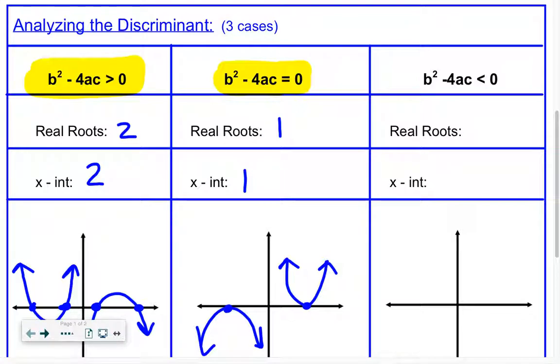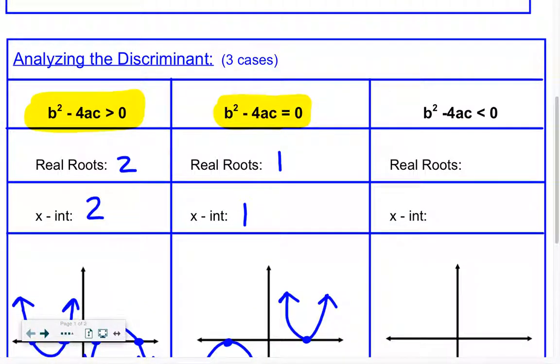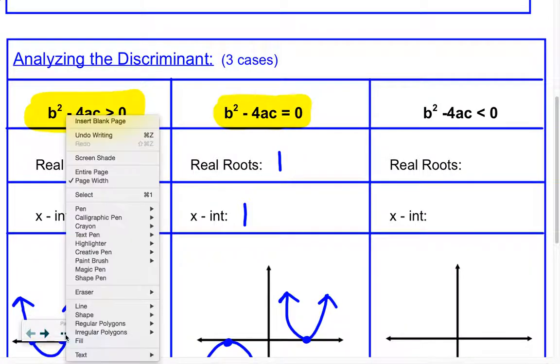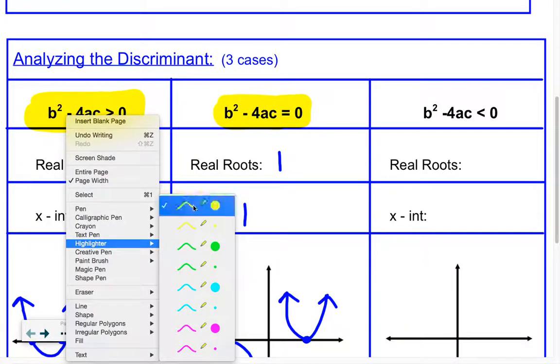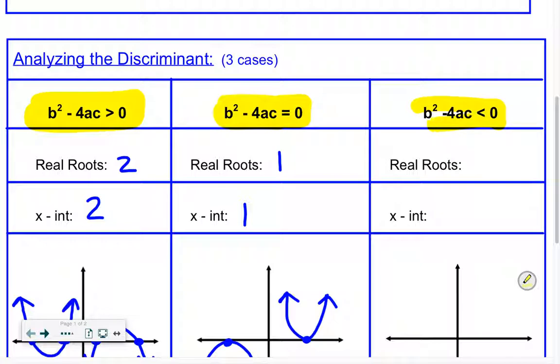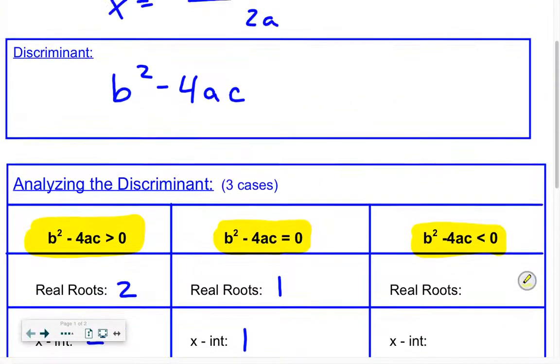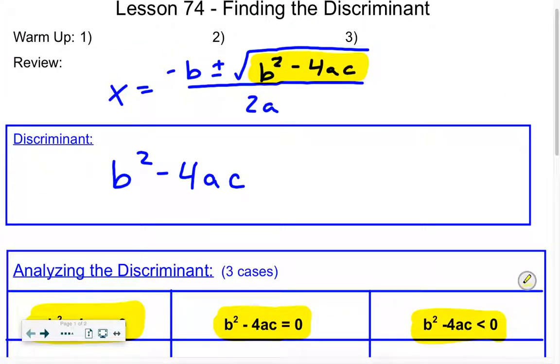And the last one. We've talked about when the discriminant is positive. We've talked about when it's 0. Now we need to talk about when it's negative. Less than 0. If it's negative, and we plug it in here, what's going to happen?